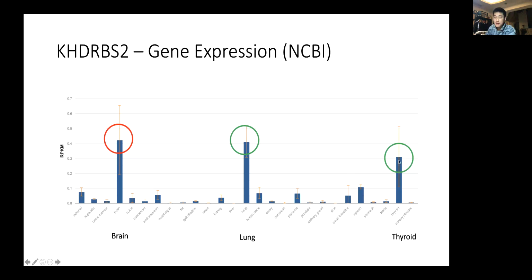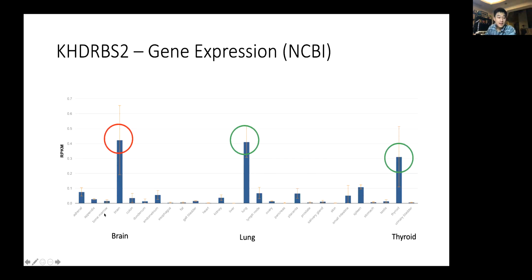Another interesting thing that validates my finding for this gene is the fact that it also has a very high expression in the human thyroid. As we all know, thyroid is a very crucial symptom for COVID infections. So this interesting correlation, in a way, validates my finding of this particular gene as a potential driver for comorbidity patterns.